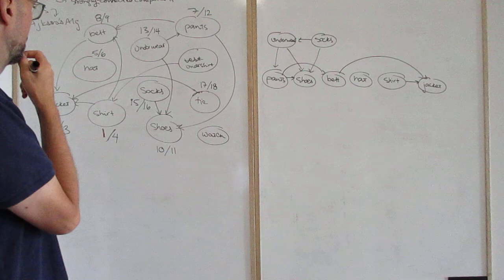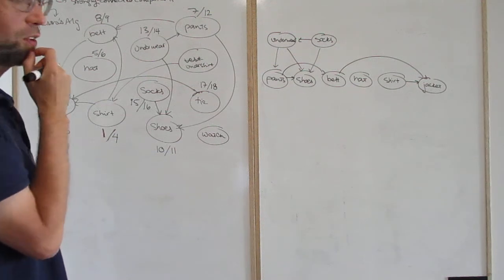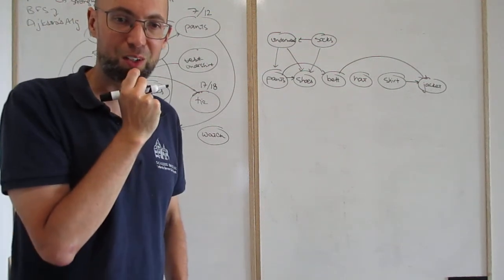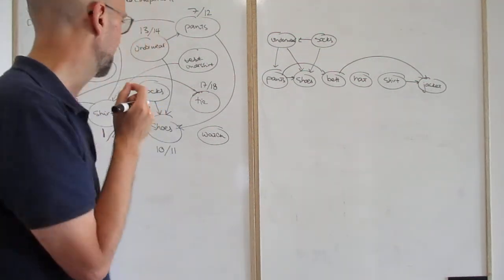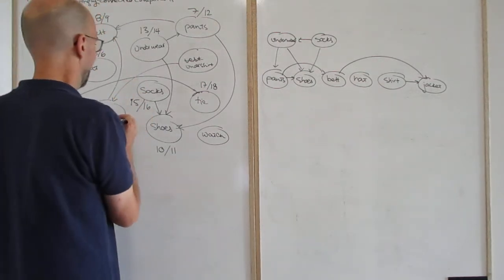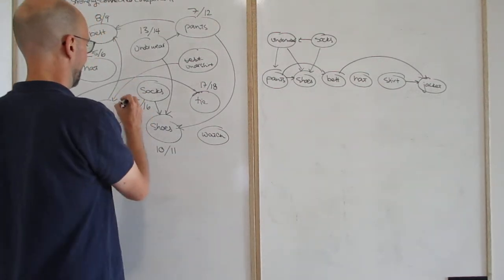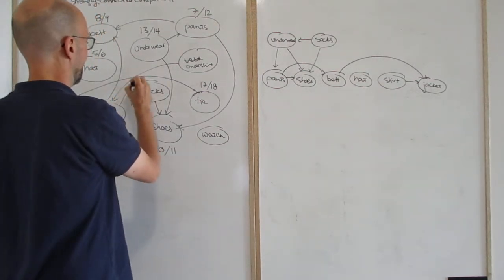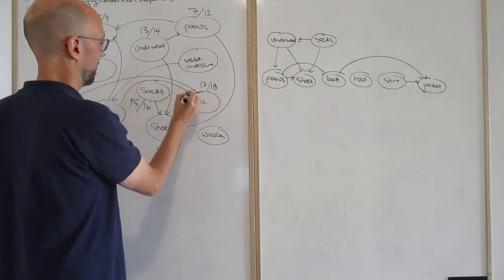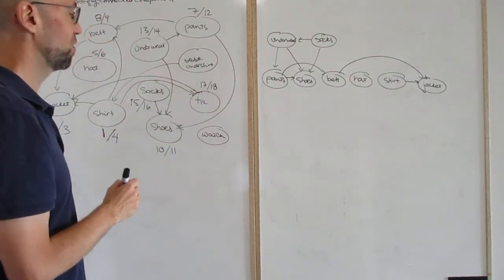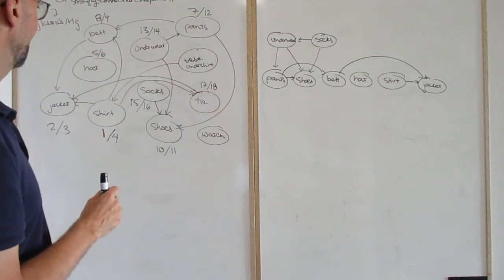Oops. Okay, so this is what happens when you don't copy the example in the book. I should have put an arrow between shirt and tie. Oopsie. So let's pretend we did.